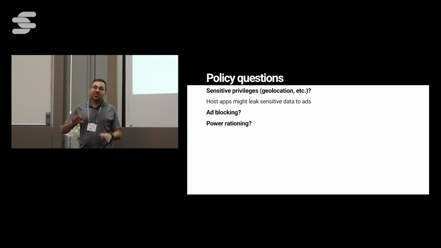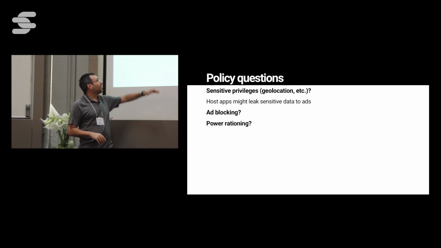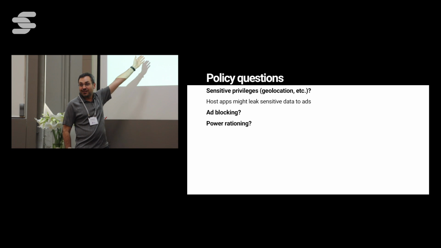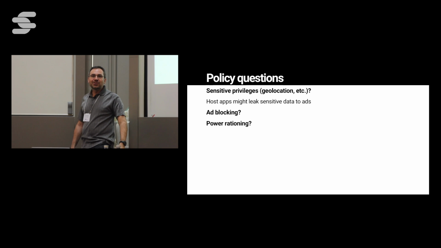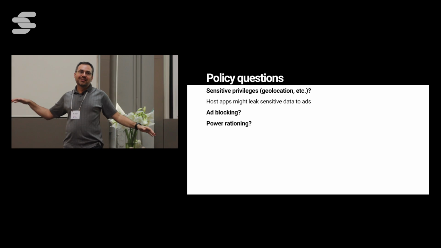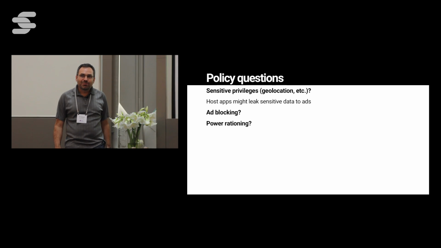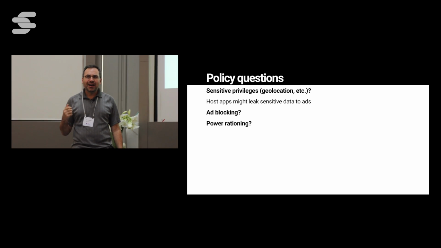But since I'm running them in separate processes with separate user IDs, that also means I could do power rationing. You have a certain number of millijoules of power to use per ad, and that's it. Wouldn't that be fun? Can you see advertisers stressing out about their power budget? I like that.